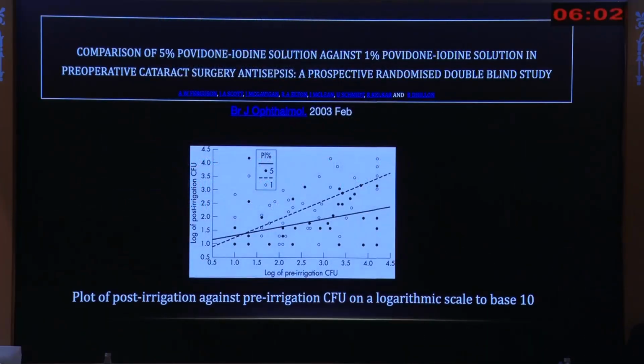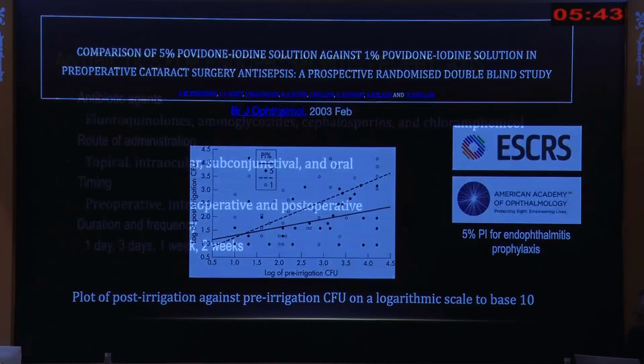You can see the plot of the post-irrigation against the pre-irrigation colony forming units on a logarithmic scale. So 5% was better. It was a double-blind RCT as compared to 1% iodine.